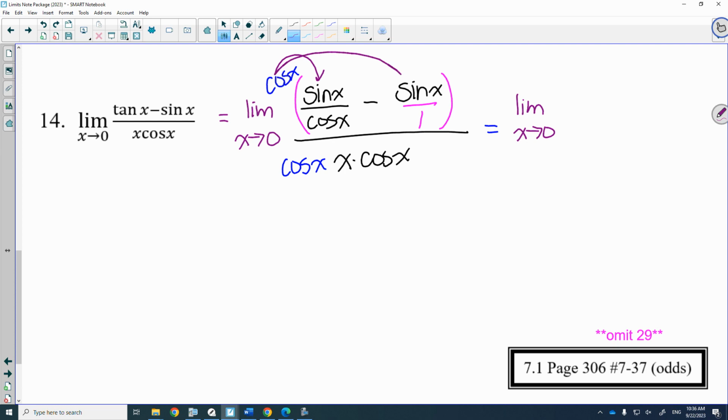When I distribute in that cos of x, cos of x over cos of x will cancel, and I'll be left with sine of x, and then minus cos of x times sine of x. In my denominator, I'm going to have x, and 2 cosines of x, so cos squared of x.